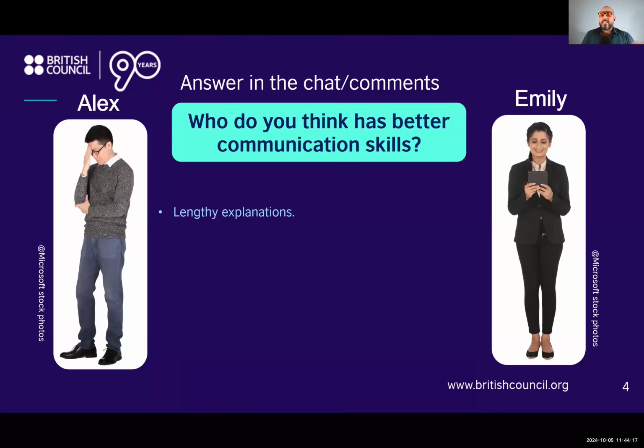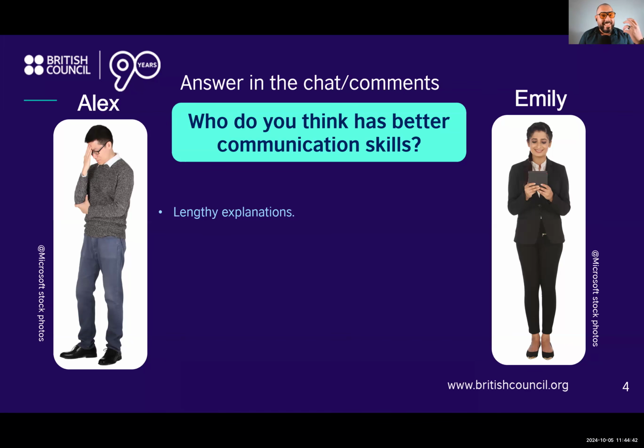Alex is a diligent student who always studies hard for his English exams. He spends hours memorizing grammar rules and completing endless exercises. However, when it comes to speaking English or communicating in the language, he struggles to express himself fluently and confidently.